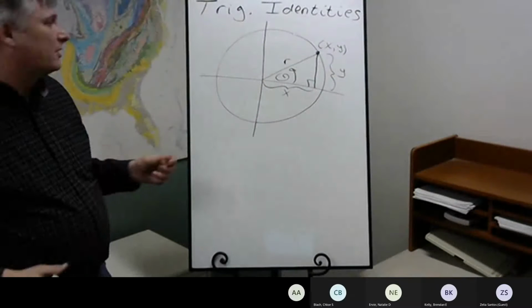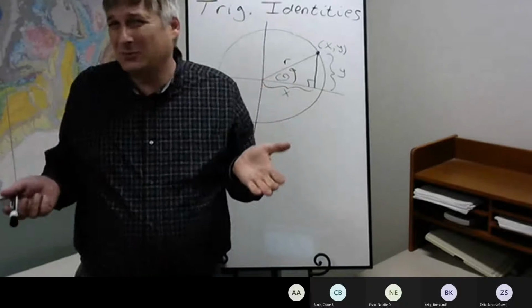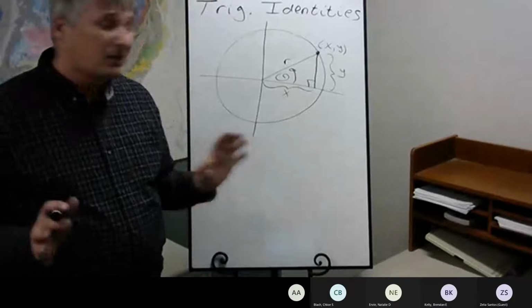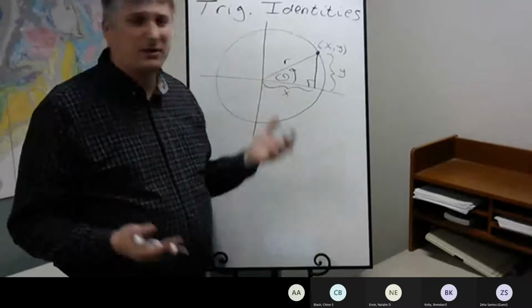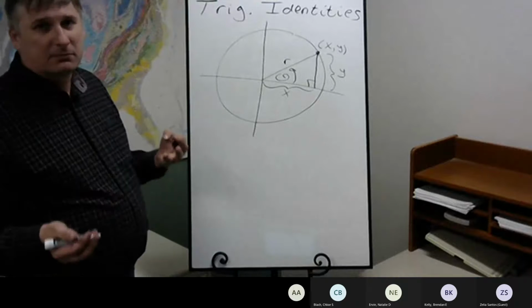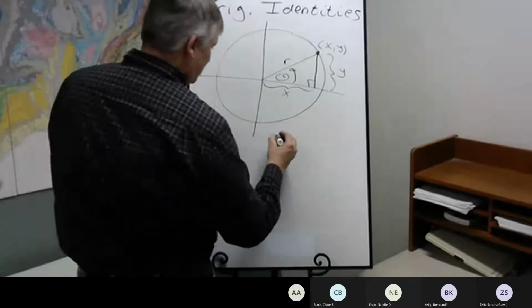Now, in this case, though, r, we don't know if it's equal to 1. So we've got to be careful. x is cosine of theta? Not necessarily. That's only if r is equal to 1. So we're going to have to use our definition for sine and cosine here.